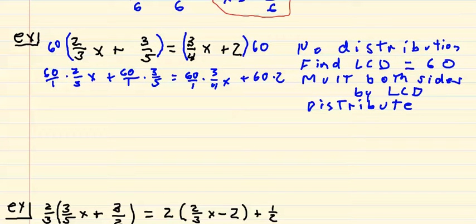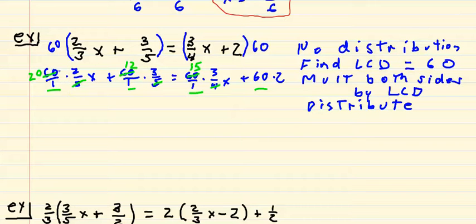Now, switch colors here. I'm going to cancel. 3 goes into 60, 20. 5 goes into 60, 12. 4 goes into 60, 15. But I showed here what I'm multiplying. Everything is being multiplied by 60.